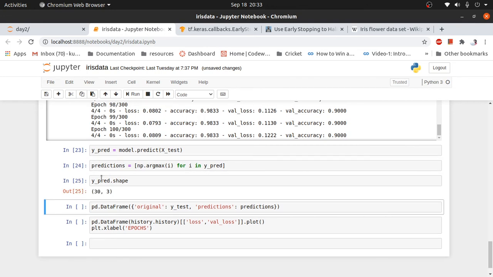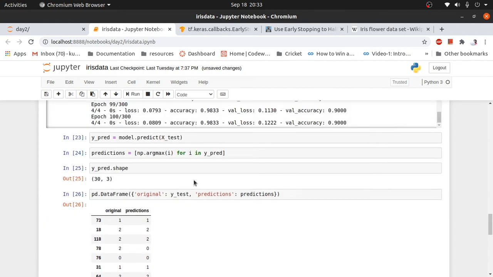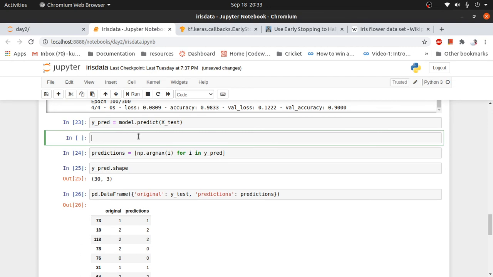What is the shape of this? Okay, then this. So now let me explain what I did here. Let me also show you predictions.